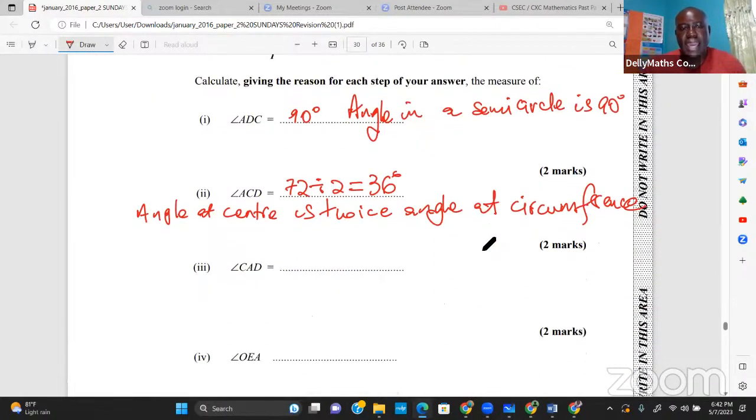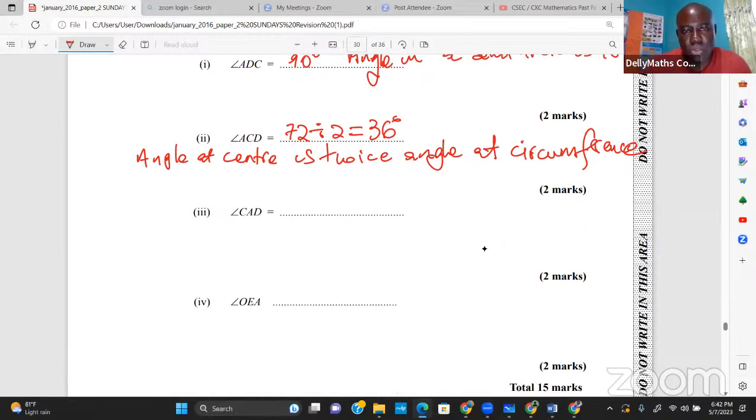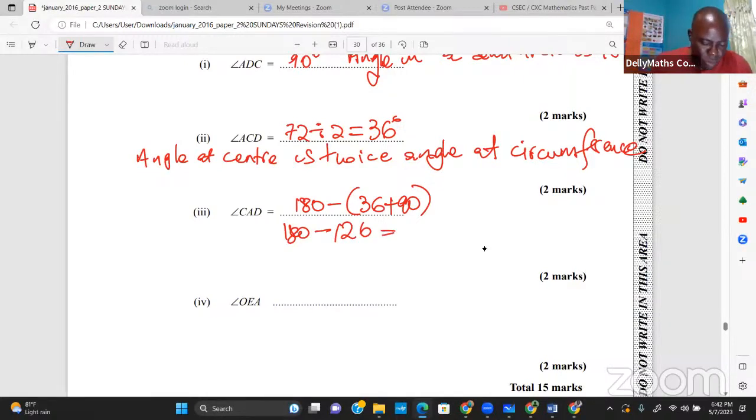Therefore, CAD is going to equal 180 minus the sum of the other 2 angles in that same triangle. So it's 180 minus 126, which is 54. Exactly. And we're looking at 54 degrees.